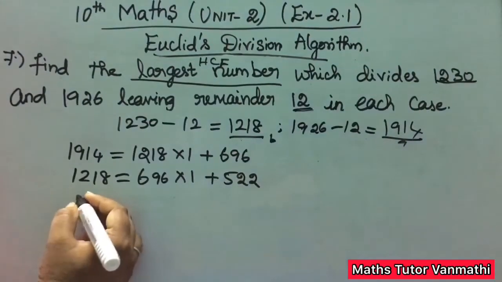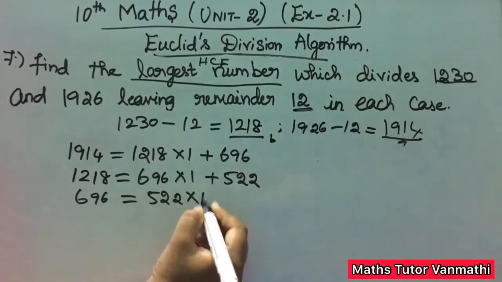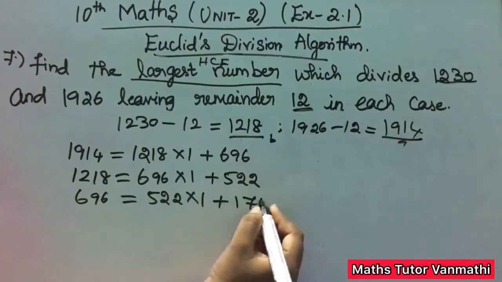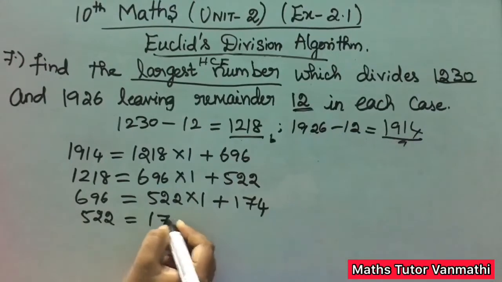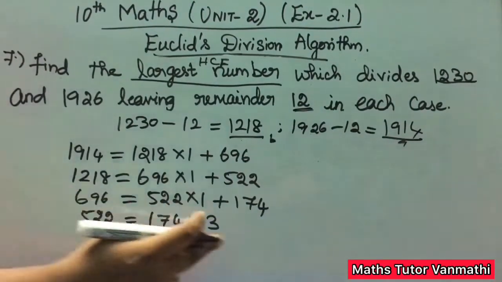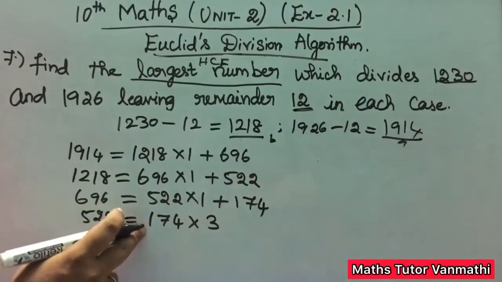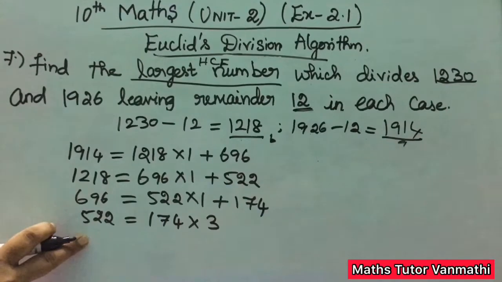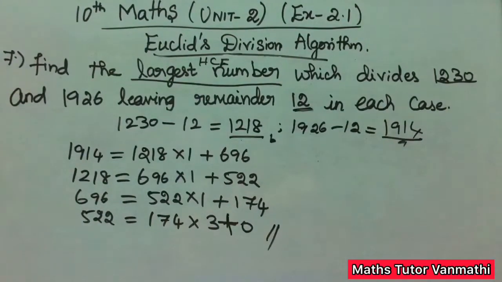So the process repeats. 696 equal to 522 into 1, you will get 174, and again 522 equal to 174 into 3. 3 fours are 12, carry 1, 3 sevens are 21 plus 1 is 22, 2 remainder 1, 3 ones are 3 plus 2 is 5, 522 is coming, plus you will get the remainder as 0. Clear?